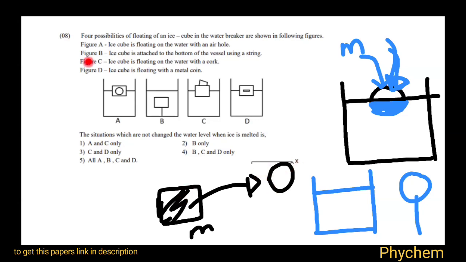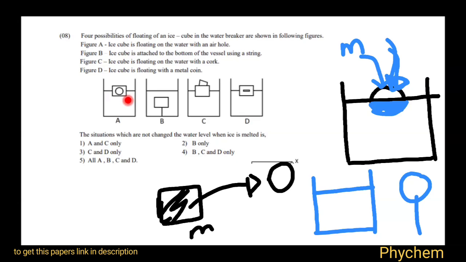So the mass will be the same amount. Therefore, the displaced volume of water also never changes because it is floating. After it is melted, the mass is the same. So when an ice cube melts, the water level is never going to change.